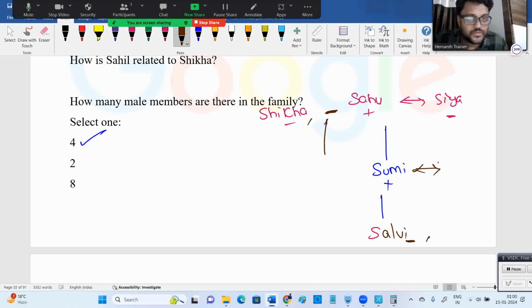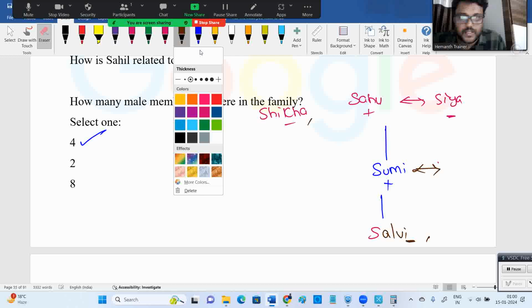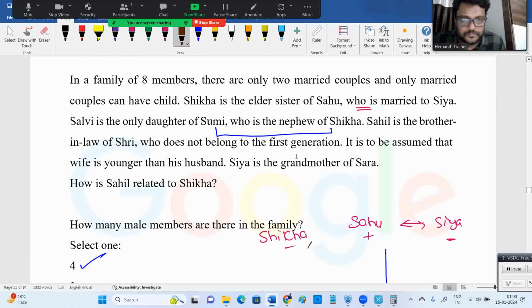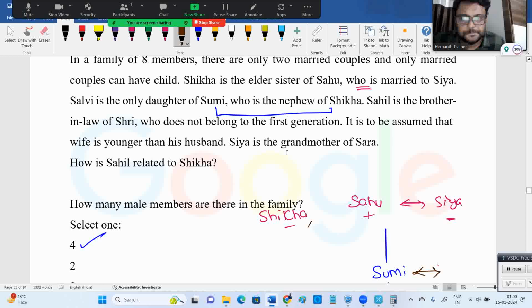For them, there should be a couple. No, only 2 married couples, so that is not possible. So Sarah can be here. Sarah might be one more person here. Sia is the grandmother, that can be taken. Sahil is the brother-in-law of Sri.